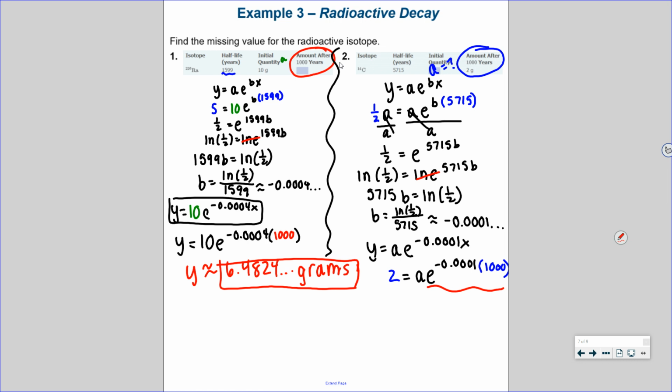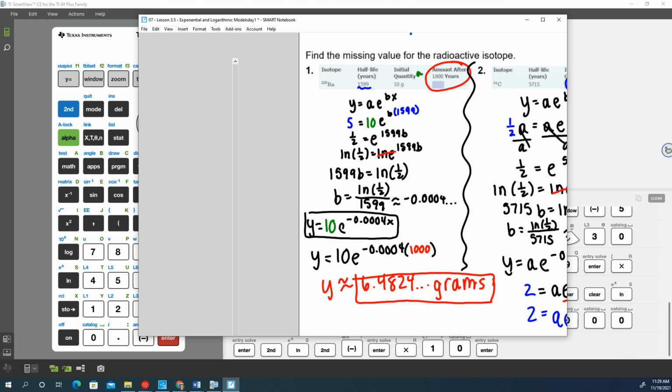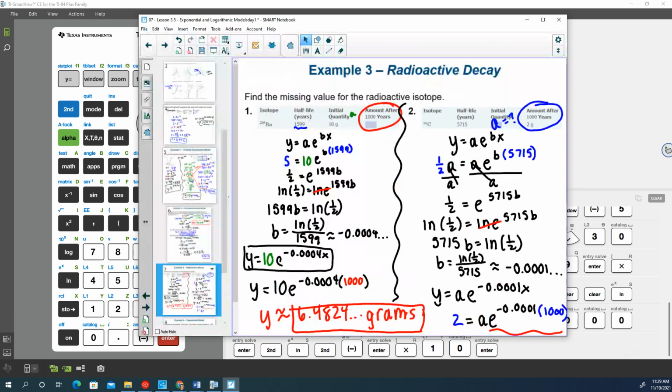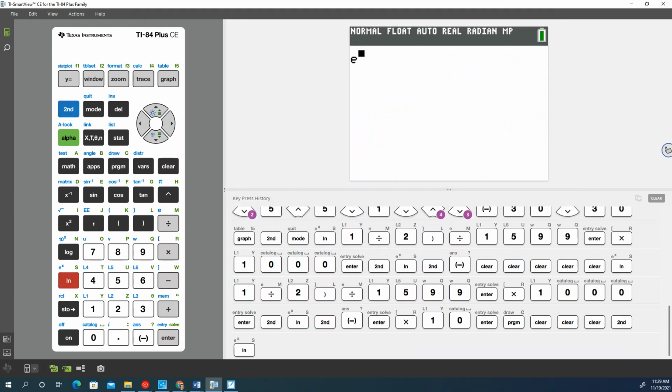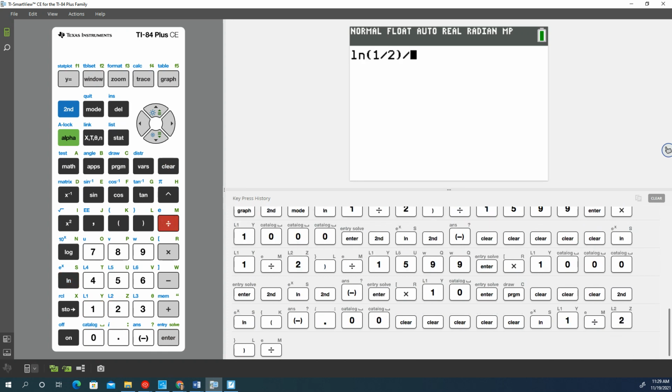I mean, you can do that all in your calculator, but you could also times this by 1,000. That's not hard to do. Okay. So I would just do, well, you could either multiply these first or negative 0.0. Oh, wait, we want to use that exact answer though, don't we? Yeah. Okay, good catch. So I got to do the natural log of 1/2 divided by 5715.